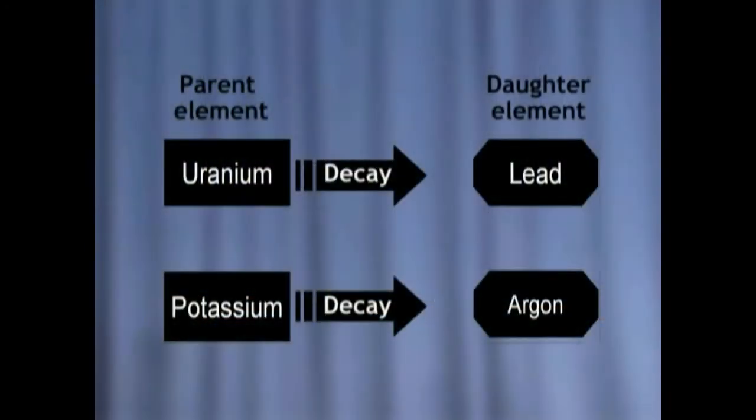Another one is potassium and argon. Potassium being the parent element, and over time it will radioactively decay into argon. So that's what we mean by radioactive decay. We saw the same thing in carbon-14. It decays from carbon-14 into nitrogen-14, and that was used to date organic material. Now, these other radioisotope dating methods are used to date rocks.